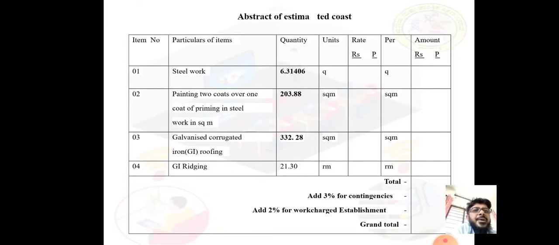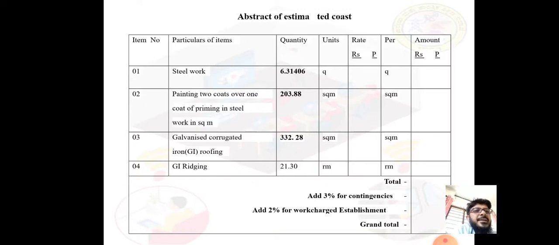Then galvanized corrugated iron GI roofing, we have calculated 332.28 square meter. Again we have to multiply with the latest rate. Then last, GI ridging, which we calculated as 21.3. So the total amount is calculated for all the four items.